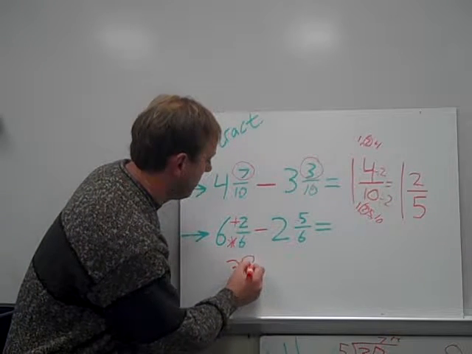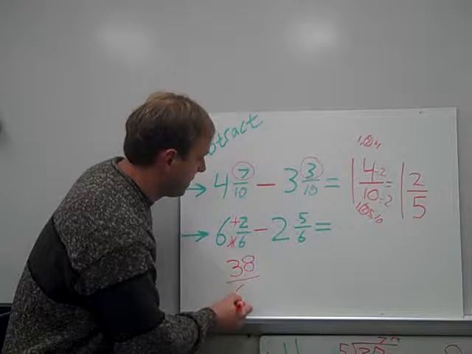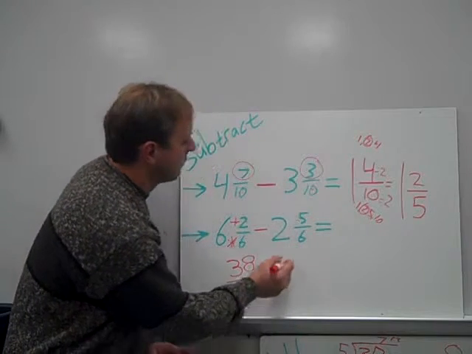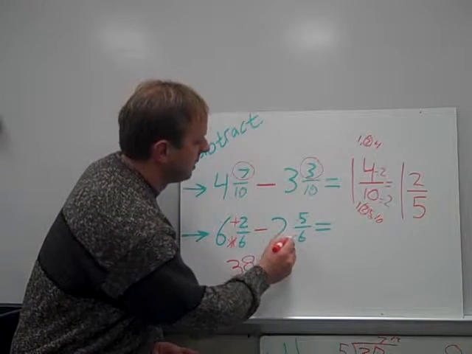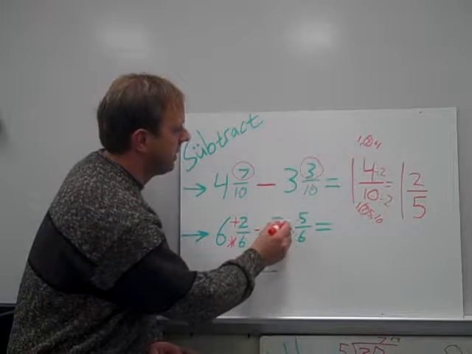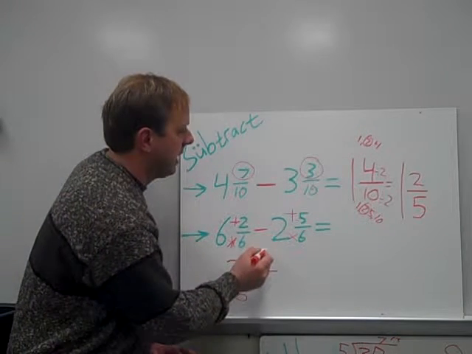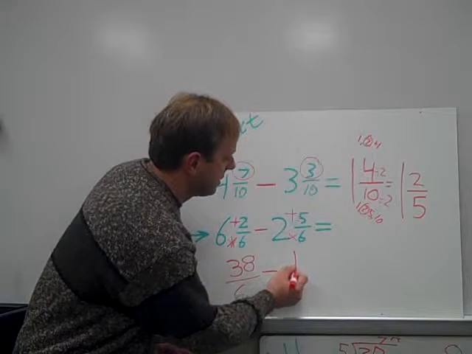So I begin with 38 over 6, and I subtract from that 6 times 2 is 12, plus 5 is 17, so I now have 17/6.